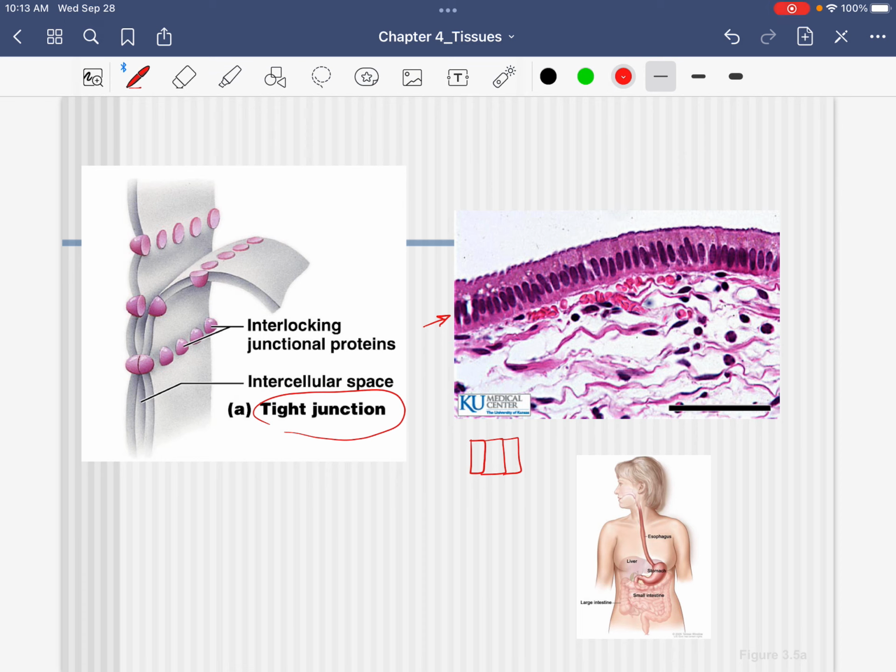The pictures here on the left, I don't particularly care for them. I don't think that they do a great job, and that's why I'm drawing it. If you're trying to make sense of this picture on the left, what they're doing is they're showing you this is the boundary of one cell, and this is the boundary of another, meaning that it's tight, right? There's really not that much space in the middle, but that's why I don't particularly care for those.